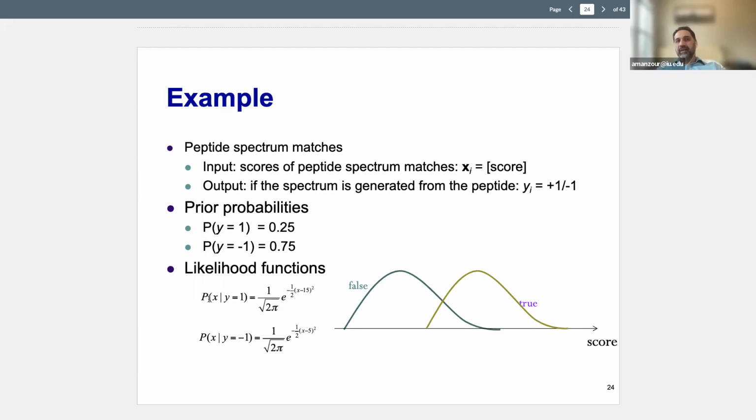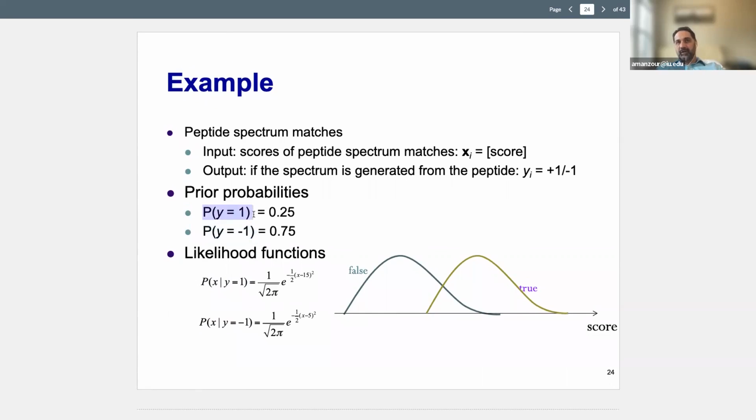Either way, we have P of X given Y for +1 and -1. We have P of Y for +1 and -1, and this is all I need to come up with the best threshold that will give me minimum error according to the Bayesian theorem. It will give me minimum misclassification of Y given my observed scores of X.